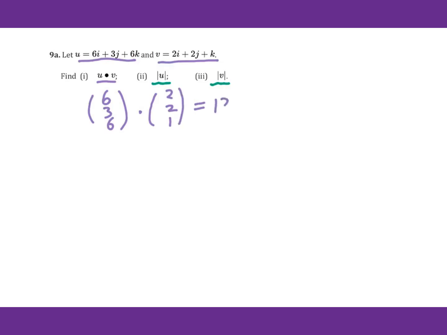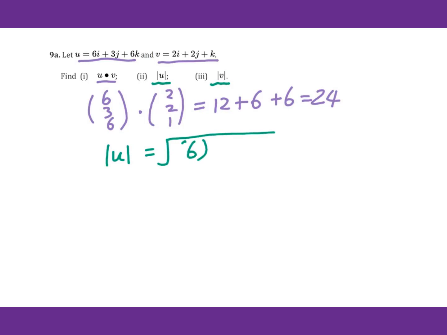You will get 12 plus 6 plus 6 equals 24. The magnitude of u equals the square root of 6 squared plus 3 squared plus 6 squared. You will get the square root of 81, which means 9.